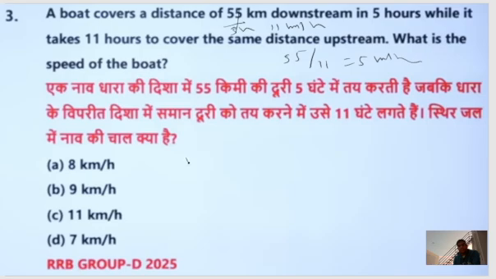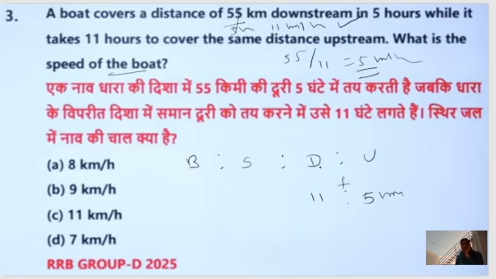So we write boat, stream, downstream and upstream. We know the downstream is 11 kilometers per hour, upstream is 5 kilometers per hour, and we have to calculate the speed of the boat.